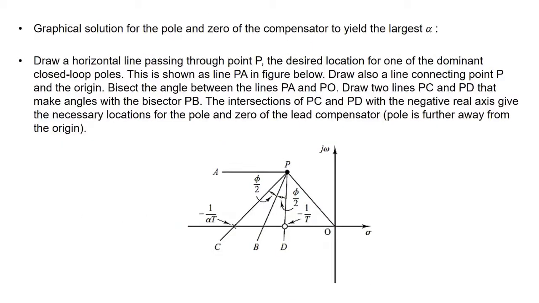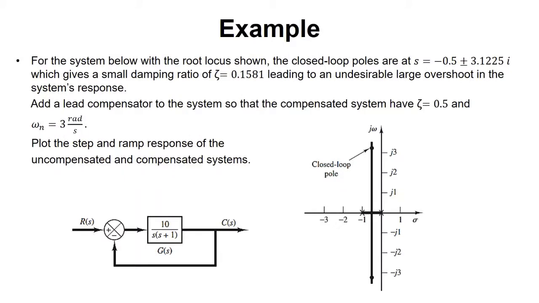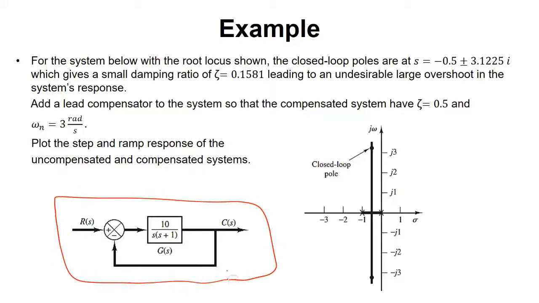And I explain everything. So what is this example that we are going to work? I have an original system here, 10 over s times s plus 1. And this system has dominant closed loop poles at negative 0.5 plus minus 3.1225 i, which gives a very low damping ratio of 0.15 or 0.16.